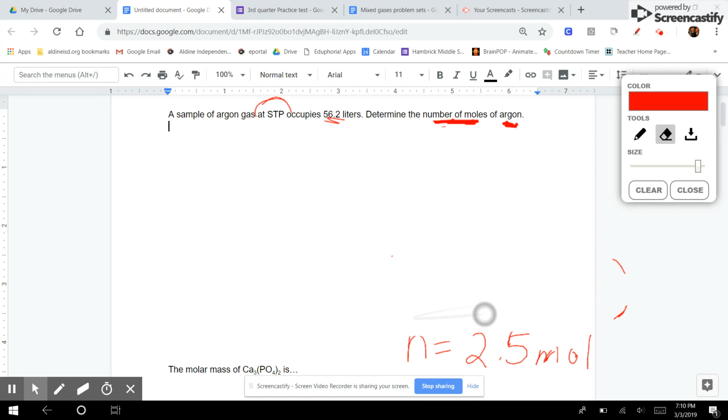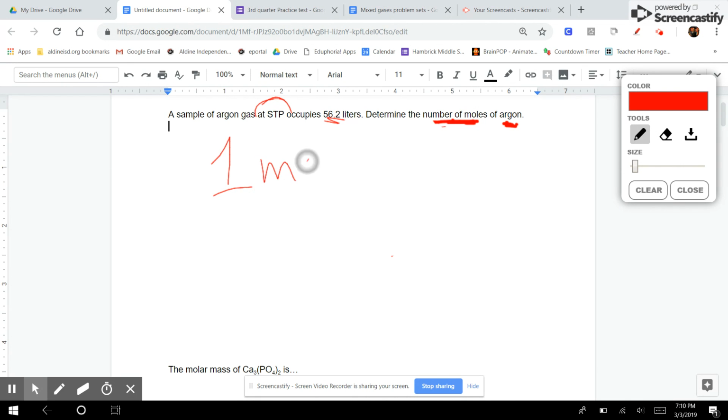If a sample of argon is at STP, then we can expect 1 mole of the gas to equal 22.4 liters. You have to remember that this is Avogadro's law, that 1 mole of any gas is going to take up a volume of 22.4 liters.